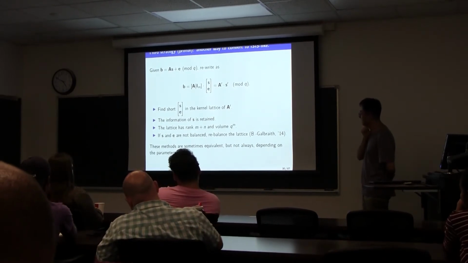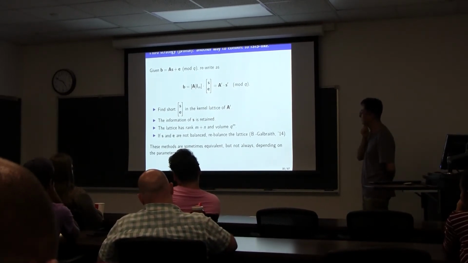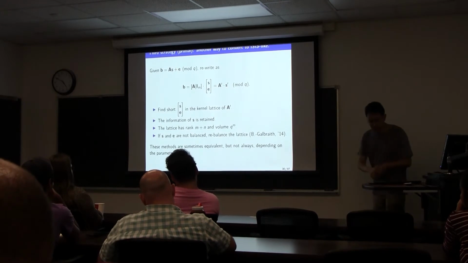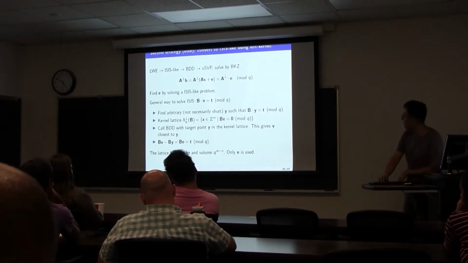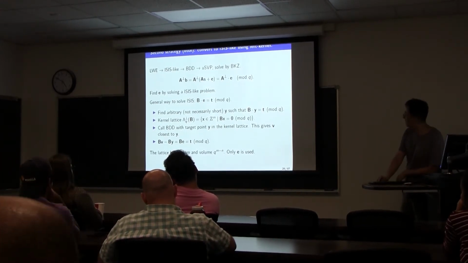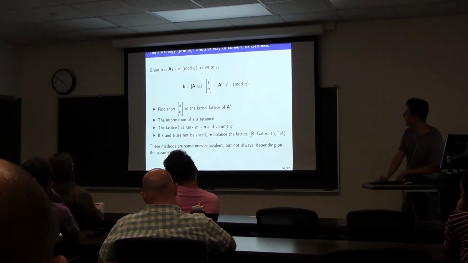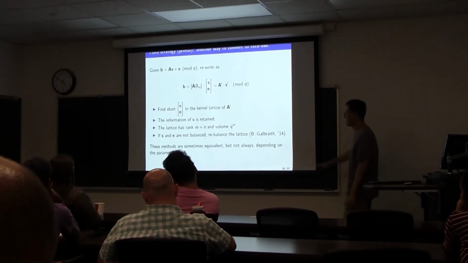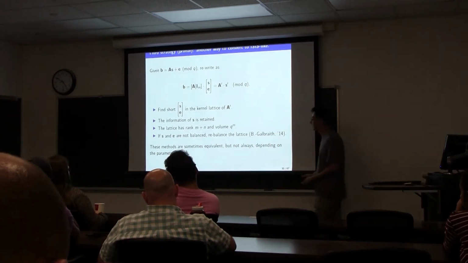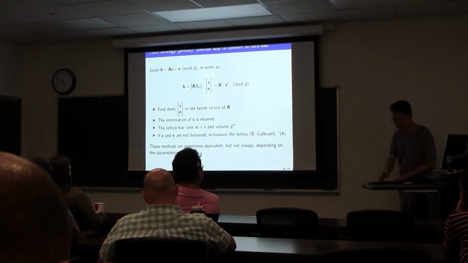Compared to the previous method, this method has the benefit that it can increase the lattice dimension. In the previous case, the lattice has dimension m. If you don't have enough samples m, maybe the algorithm does not work well. But you can increase the lattice dimension using this method, because now your new dimension is m plus n, and that helps you solve the problem faster.